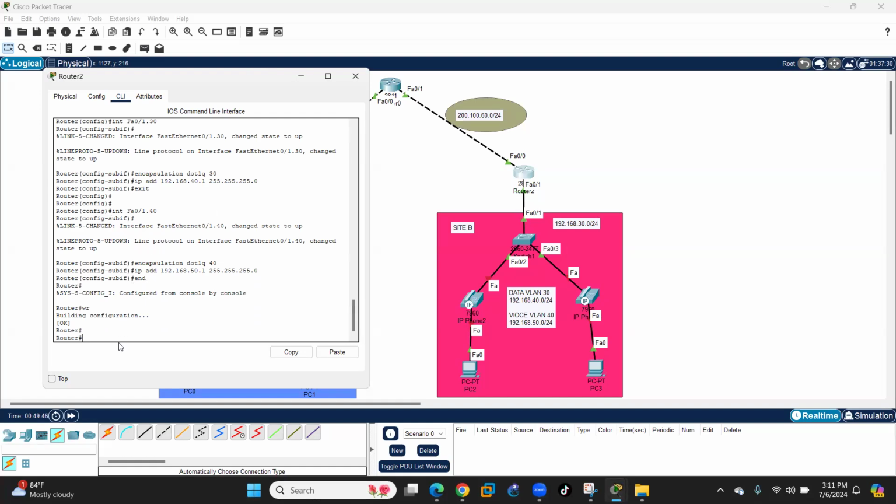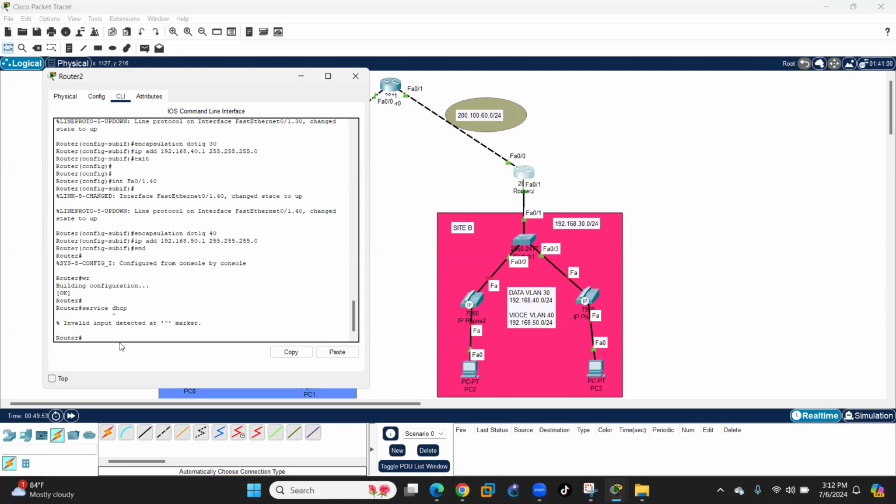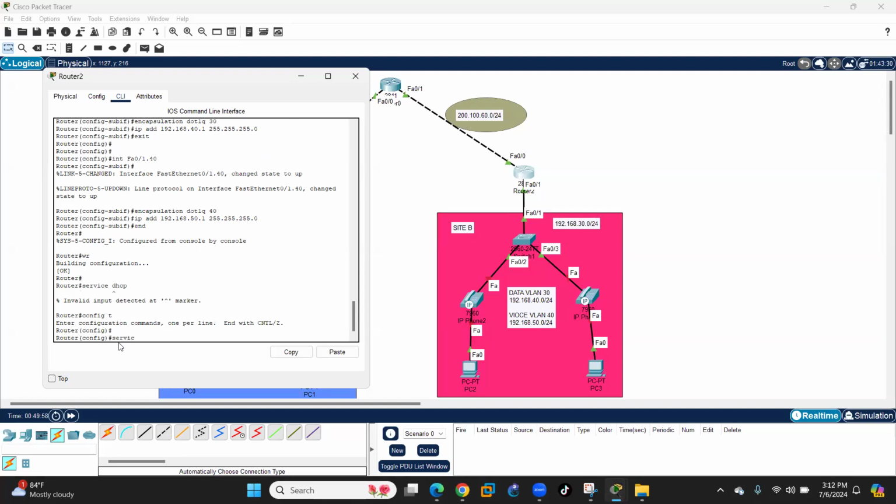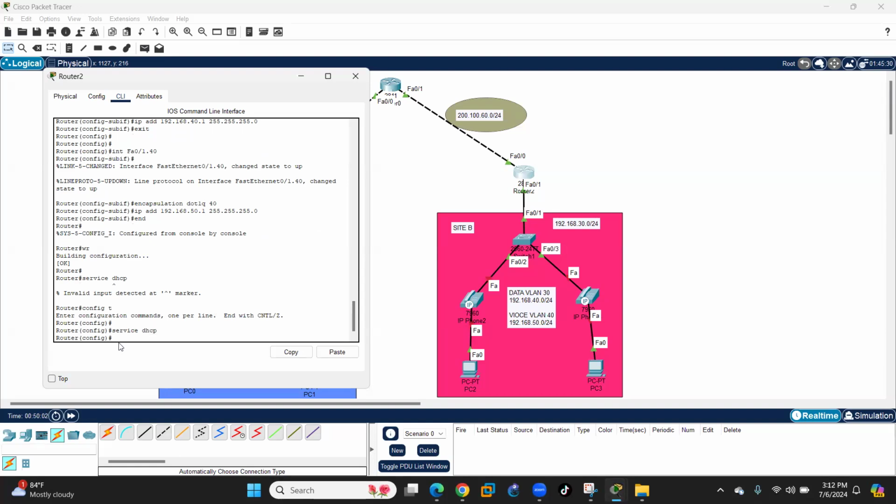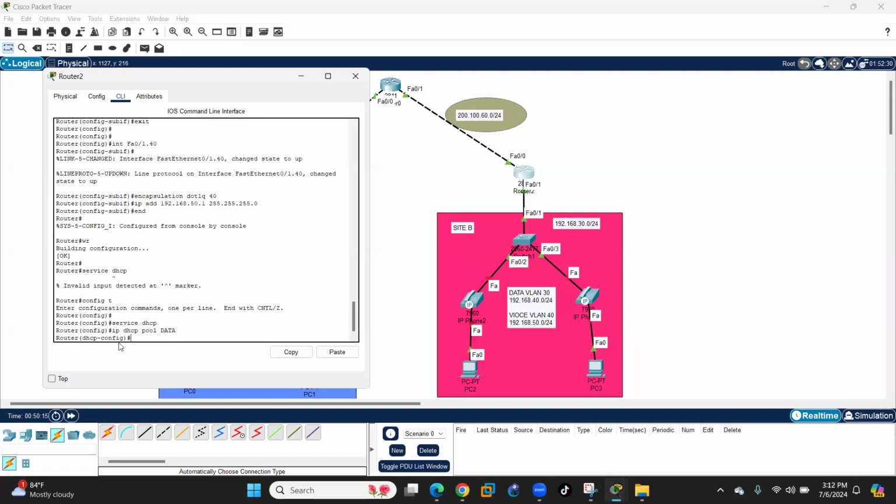So now I'm going to configure my DHCP. Oh, sorry, config t, service dhcp enabled. IP dhcp pool data, I'm doing data now.